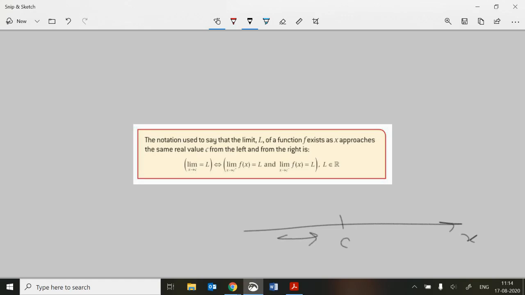When we go from the negative direction, as long as we get to the same answer, let's call it the answer L up here, as long as we're getting to this answer from one direction and from the other direction, in whichever way it's coming, then the limit exists for x tends to c. Okay, and that's what it's saying here. It's difficult to see. It says x tends from the positive direction and x has to tend from the negative direction to the same number for this limit to exist.